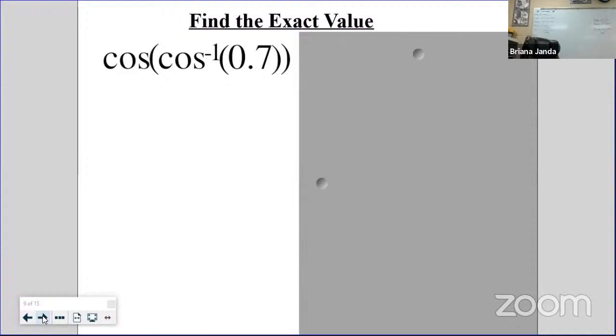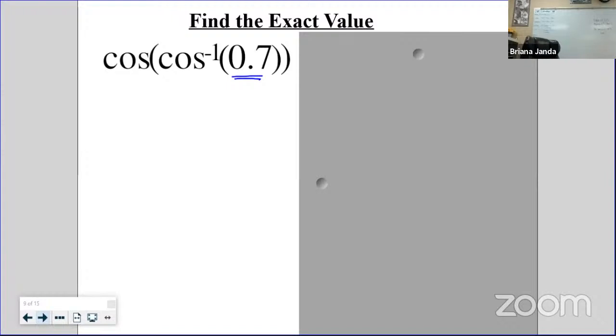It's not on a special right triangle, but does 0.7 fall on the domain of inverse cosine? It does. I can plug that in. And is it in the range of our inverse cosine? It is. And so if this falls in our domain, we can do that.